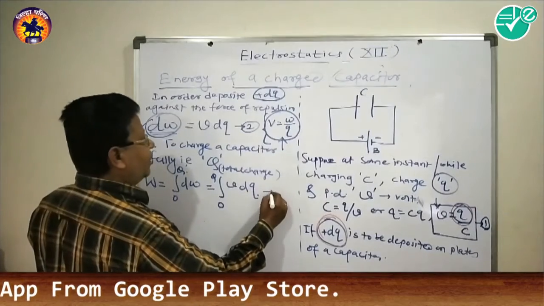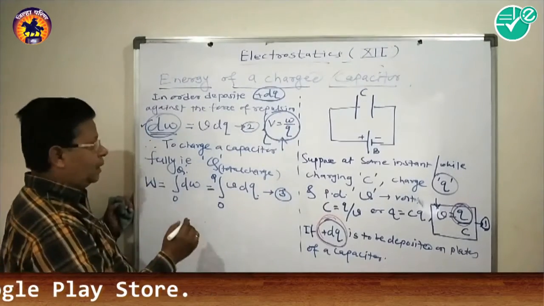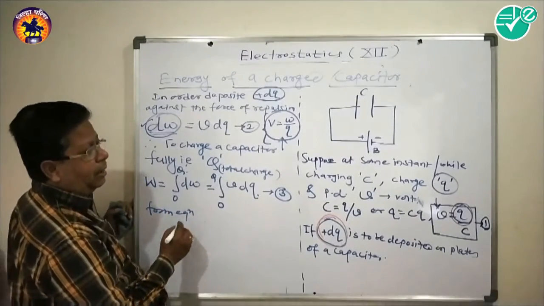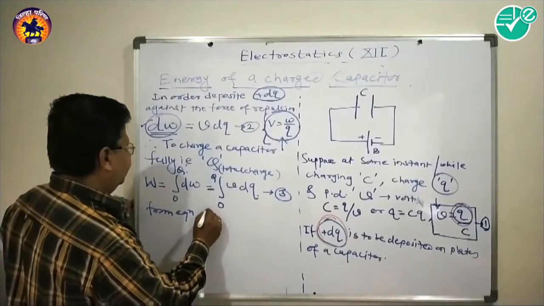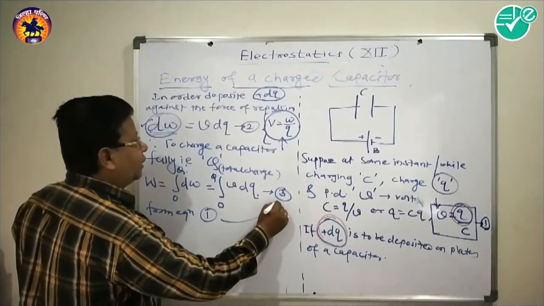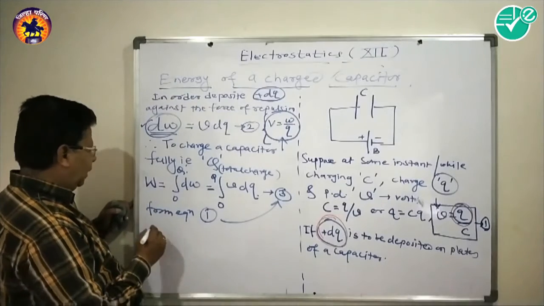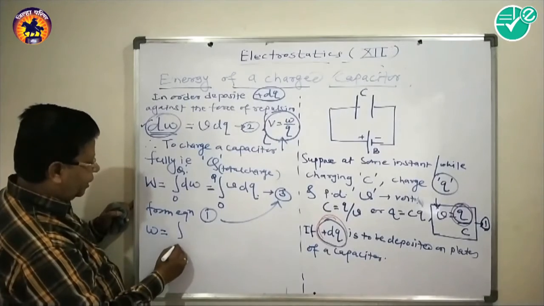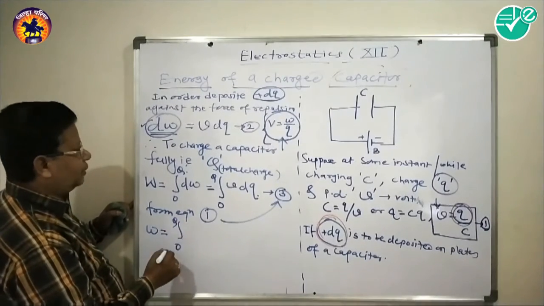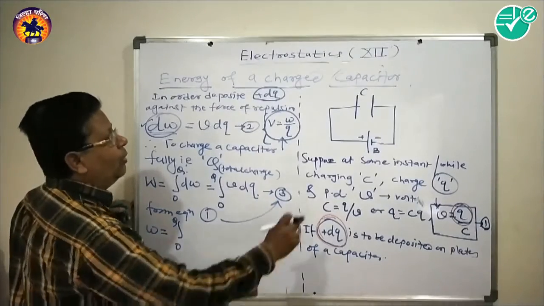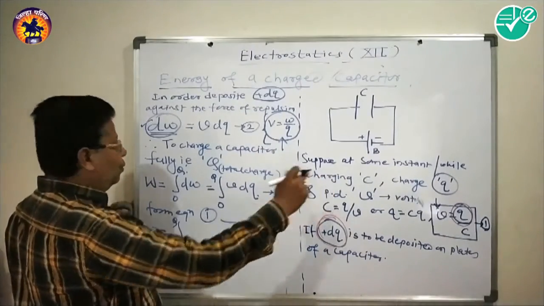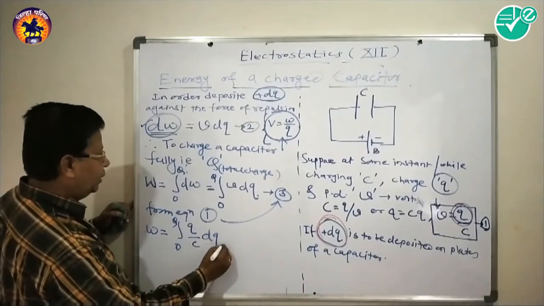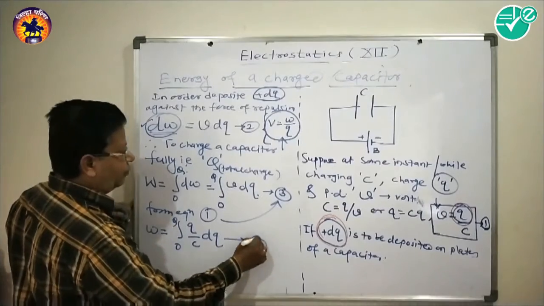So this is equation number 3. And from equation number 1, equation number 3 becomes total work done, which is equal to integration from 0 to capital Q of V into dQ. The value of V is Q by C, therefore Q by C into dQ. So this is equation number 4.